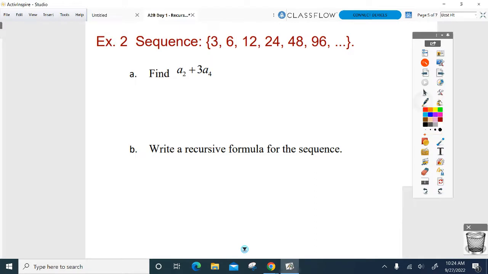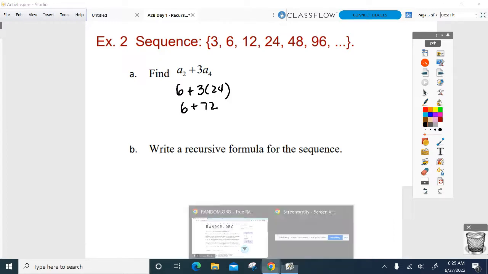You go ahead and do the calculation in part A for me, and I'll help you write the recursive formula. So go ahead, do A2 plus 3 times A4. When you have it, let me know.